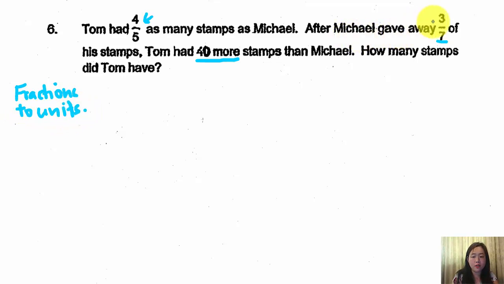So Michael gave 3/7 of his stamps away. So there is a change that happens here. And notice that there is no change that happens to Tom. So there is an unchanged quantity concept here.